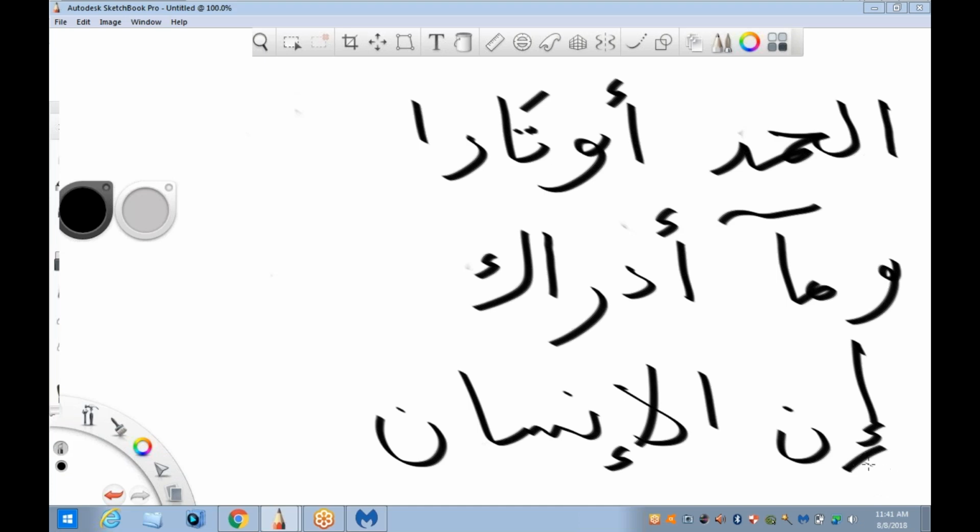This example here has two hamzas. Innal insana lafi khusr. You all after me. Innal insan. Now it's inna e. You don't say innal insan, innalin, innalin. Inna e.